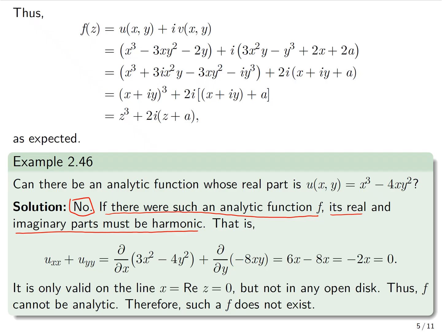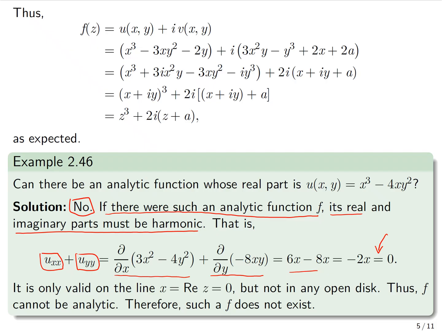That means if you take the second partial derivative with respect to x and the second partial derivative with respect to y and add them, you should get 0. When you add them, this is what you get, which is equal to negative 2x. You impose this condition and set it equal to 0, but you can see that this is not 0 in general.